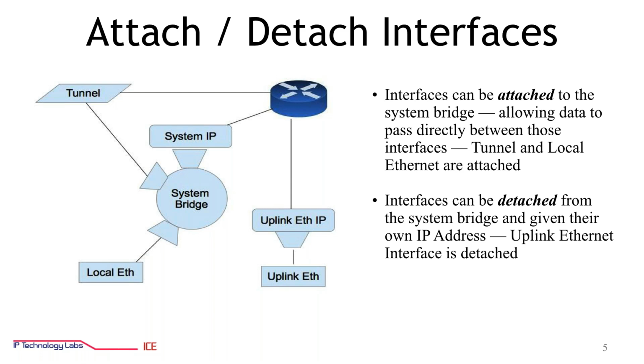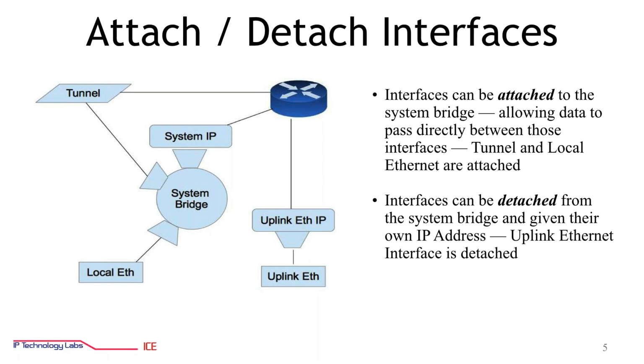So the core information here is that I can take that uplink Ethernet interface, attach it to the system bridge, and now I can communicate on the uplink interface to any other interface that is attached to the system bridge using a layer 2 bridging technology.